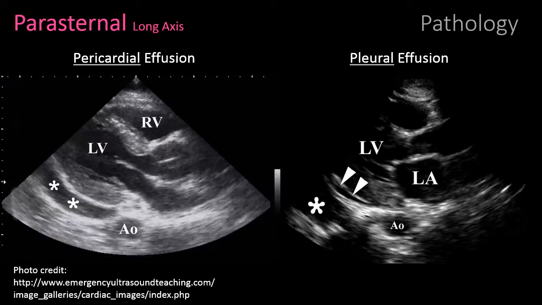And if that extra fluid is below the plane of where the descending aorta is found, then it's in the pleural space, and so you'd have a pleural effusion. So in the image on the right, we have both a pleural effusion marked by the asterisk and a pericardial effusion marked by the two arrows.